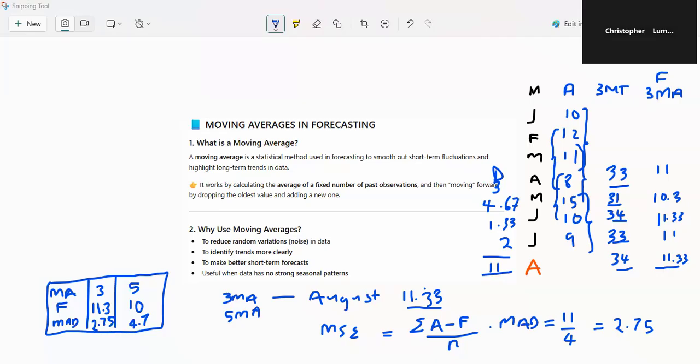Okay? So in that case, I'm going to give you classwork to do the moving averages for this table, the one that came in our project 2. So I want you to find the moving averages.